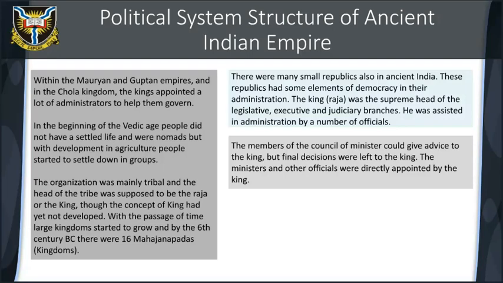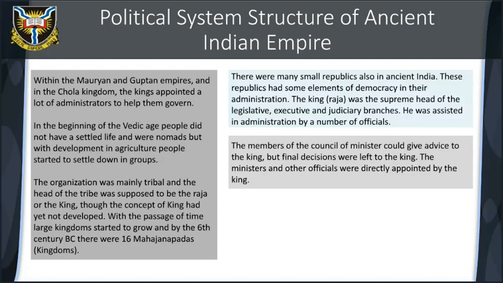In the beginning of the Vedic age, people did not have a settled life and were nomads, but with development in agriculture, people started to settle down in groups. The organization was mainly tribal, and the head of the tribe was supposed to be the Raja or the king, though the concept of king had not yet developed.